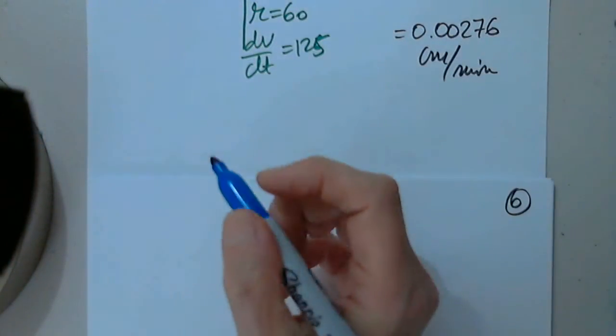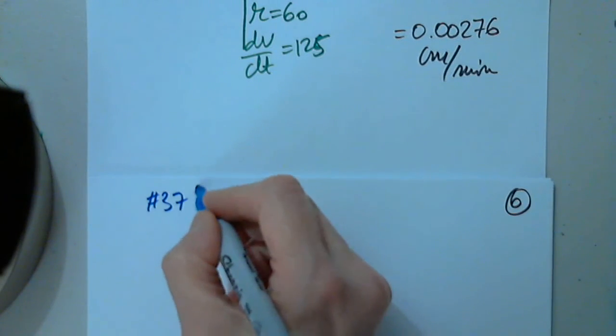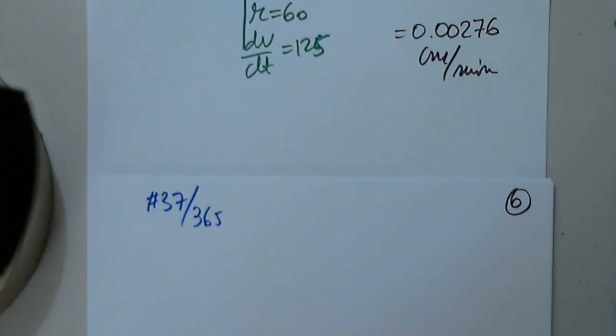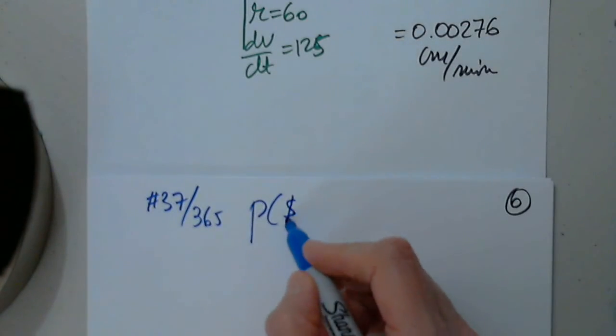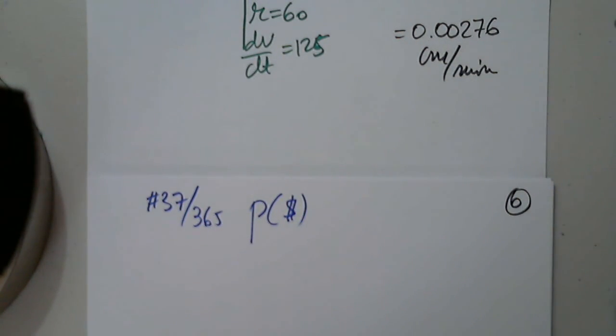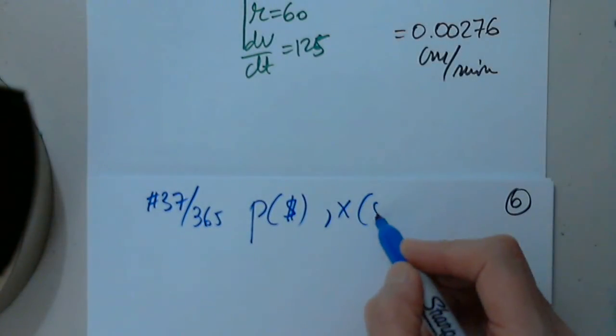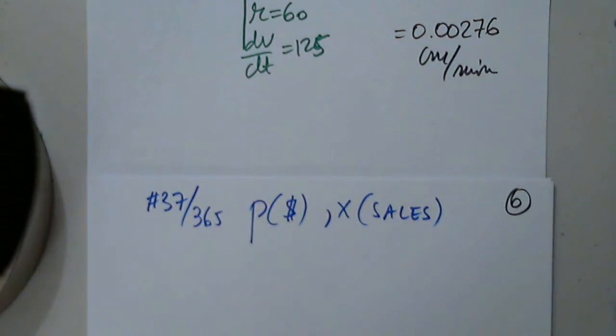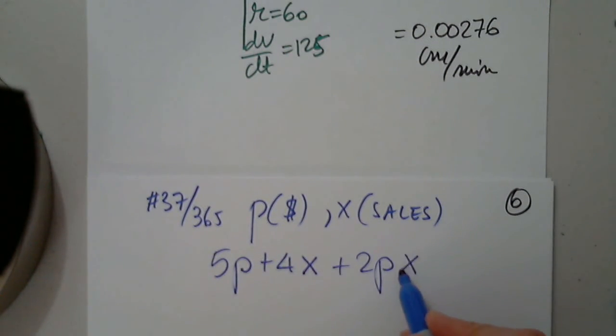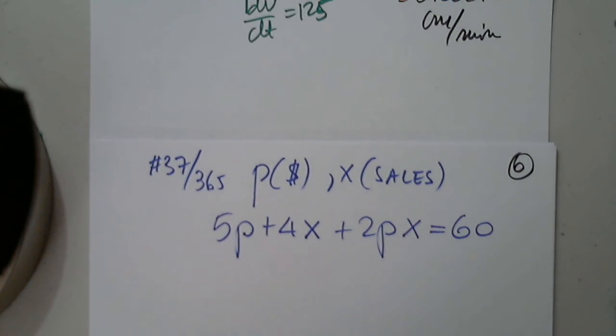Okay, let's look at change of sales, 37. Same page, 365. Suppose that the price P in dollars and the number of sales X of a mechanical pencil are related by 5p plus 4x plus 2px equals 60. So that's the given equation.